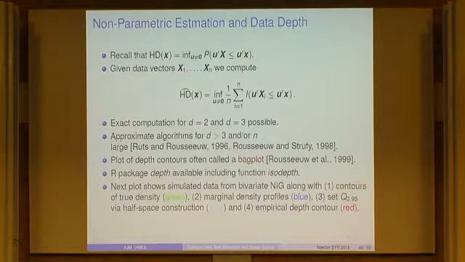So at a point here, you would probably put the half-space like that, so you have 2 on one side and 4 on the other. So we can simply say it's the depth of the empirical distribution.